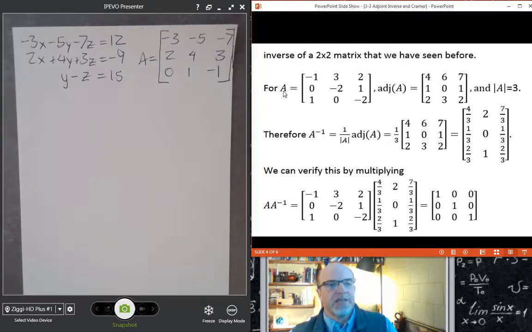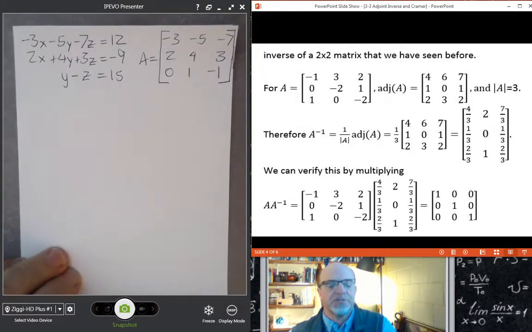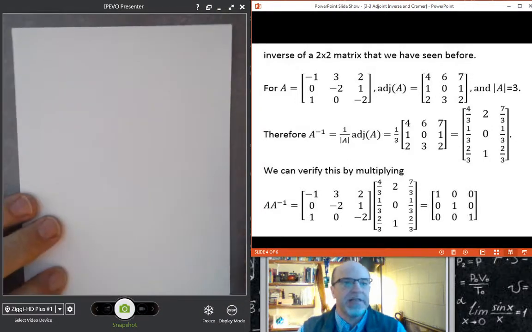So we're going to use this guy right here as our example. And so we've got the matrix -1, 3, 2, 0, -2, 1, 1, 0, -2. So the adjoint is this. How in the world do they figure that out? Well, here we go. I got to show you some steps to fill in the gaps.